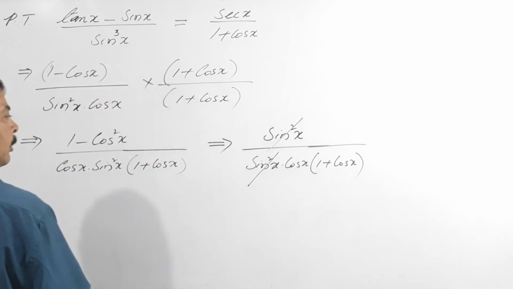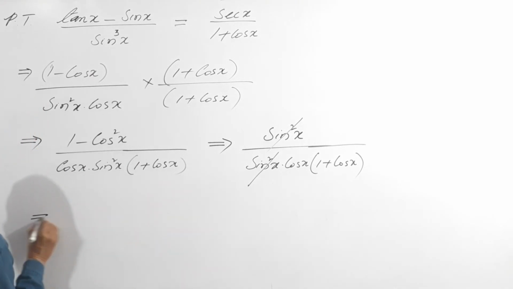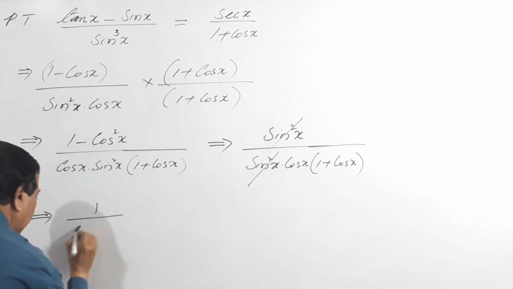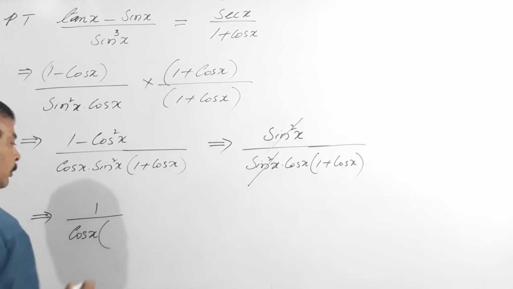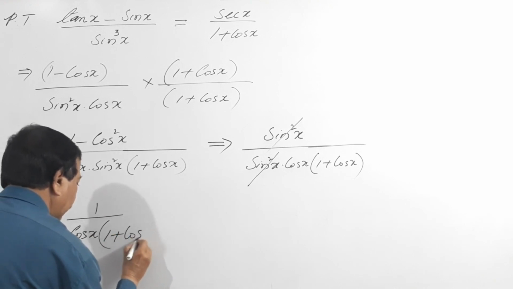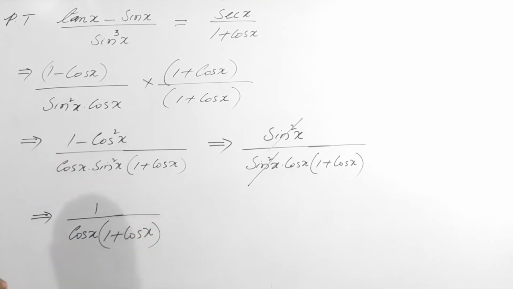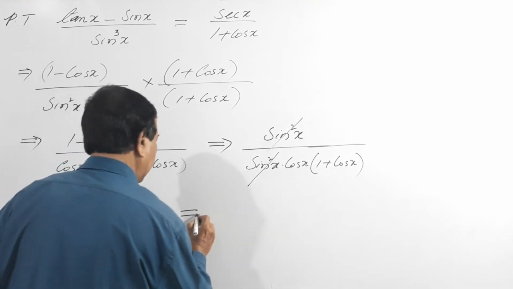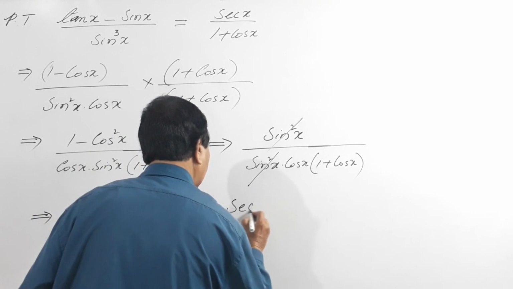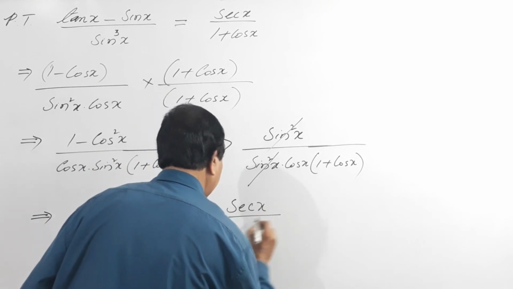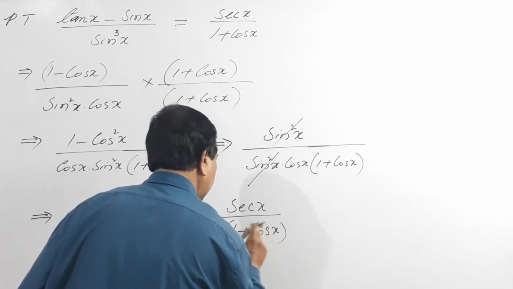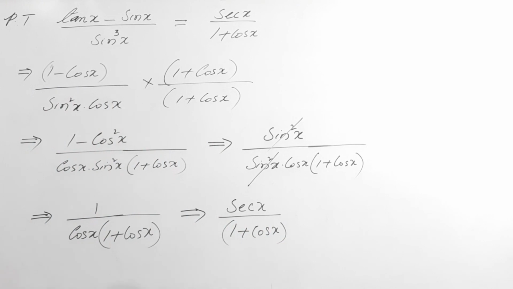Okay, I am left with what? That is 1 by cos x into 1 plus cos x. What is the reciprocal of cos x? It is nothing but secant x. If it goes to numerator, it becomes secant x by 1 plus cos x. What he wants?